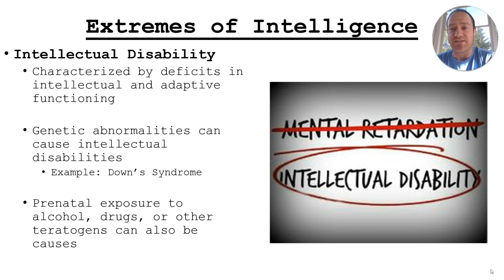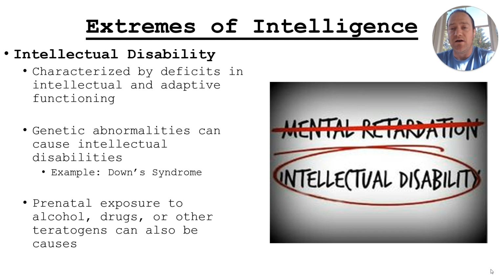But intellectual disabilities are when you have a deficit of intellectual and adaptive functioning. This can be just a biological reason. This can just be a brain functioning issue. It can be a genetic issue. An example of that is Down syndrome. It's a genetic abnormality that causes intellectual disability. And then sometimes birth defects, fetal alcohol syndrome has resulted in intellectual disabilities in the past.